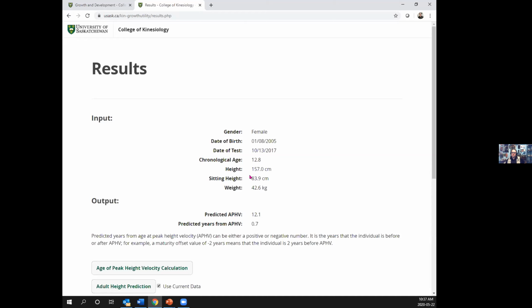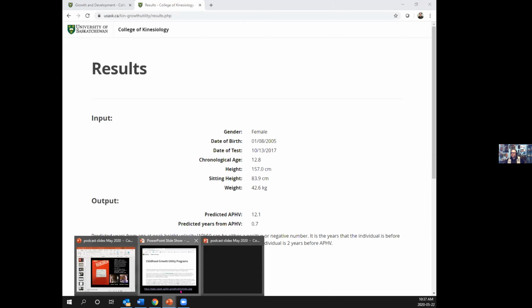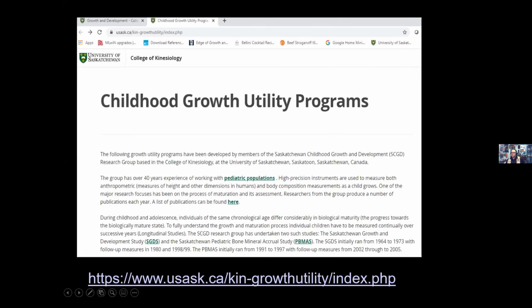Listeners can find more information on the maturity offset at the website just shown. Again, that's usask.ca/kin-growth utility. And you're always a Google search away from finding more of Dr. Baxter-Jones's work in growth and maturation.